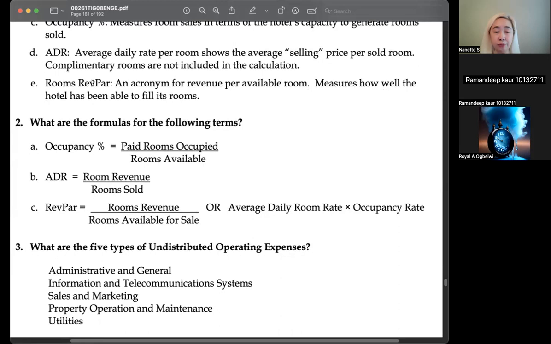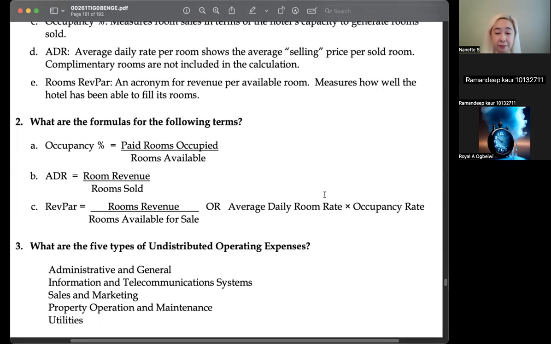And then for rooms revenue per available room, you can get it by multiplying your average daily rate with occupancy rate, or you can divide rooms revenue over rooms available for sale. So this would be your common computation for an accommodation business.